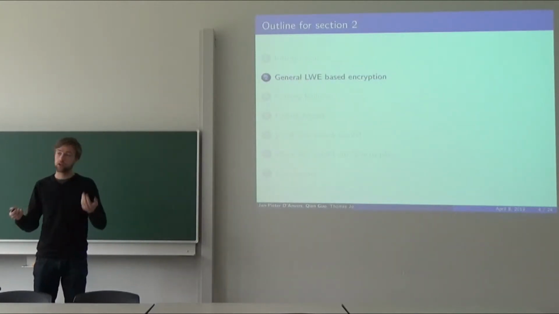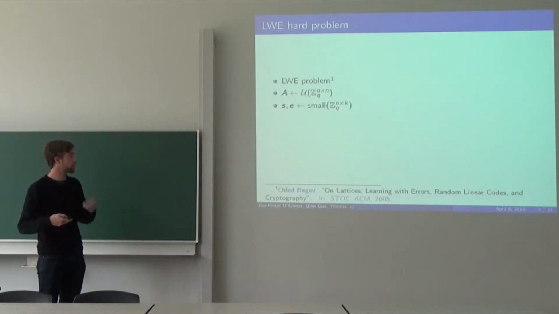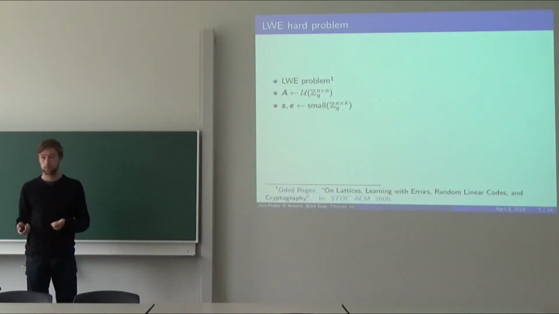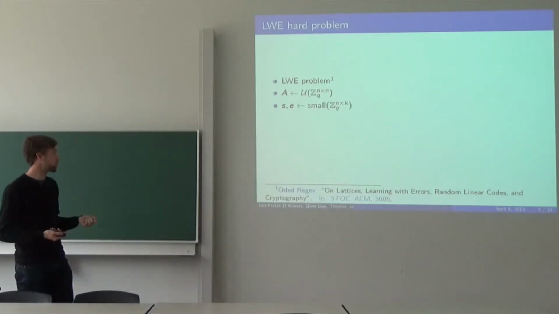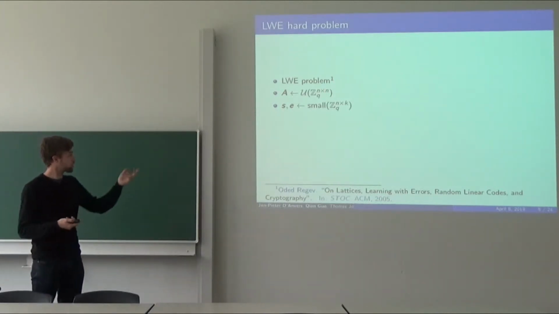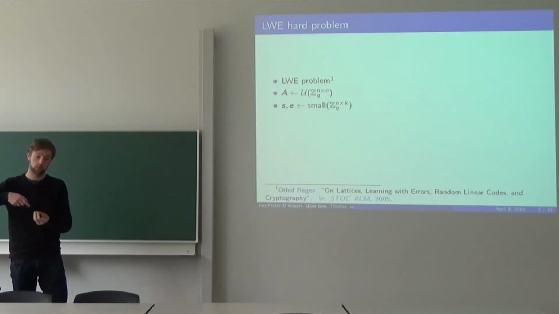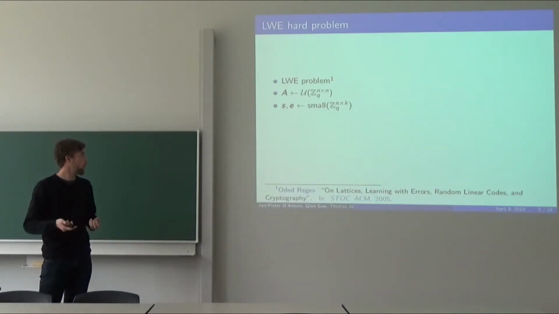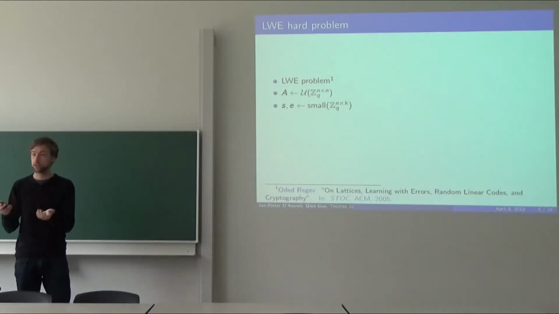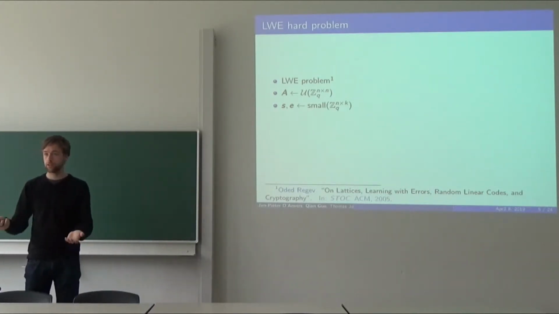Before we go into the details, let's present a basic scheme based on the LWE hard problem. So what is the LWE hard problem? Imagine that we have a matrix A with coefficients in Z_q, so just a matrix with coefficients between 0 and q. This is a public matrix A, and these coefficients are uniformly distributed.